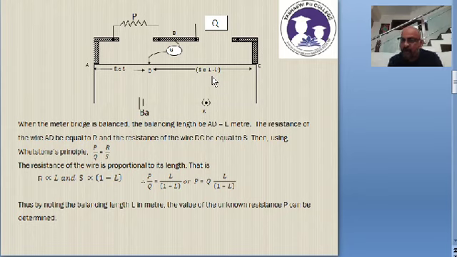It is of course inversely proportional to area, but area is the same and resistivity is also the same. Therefore, those things can be taken as constants.